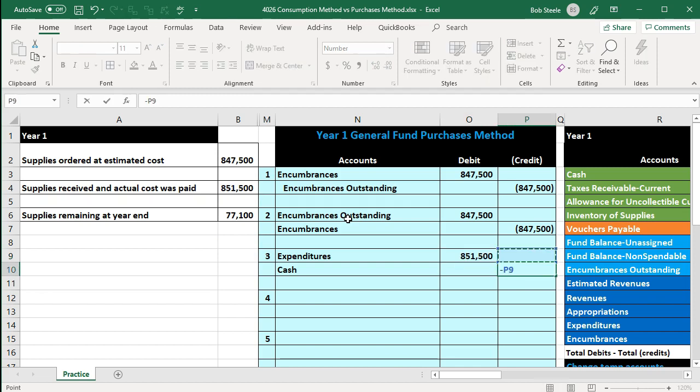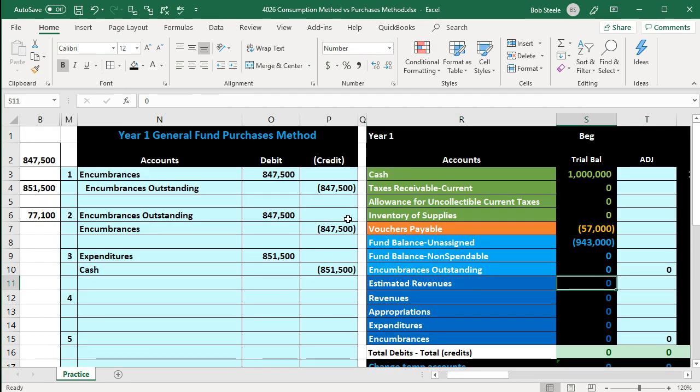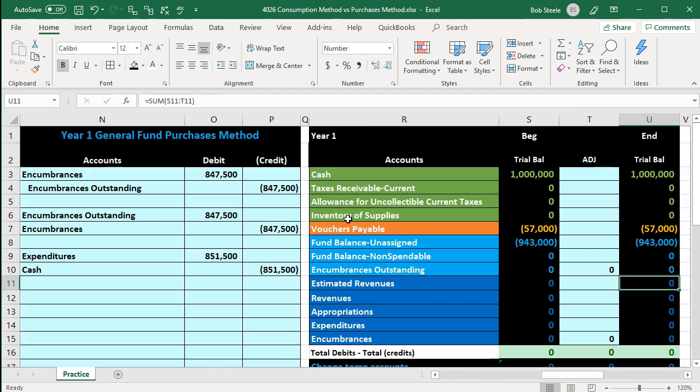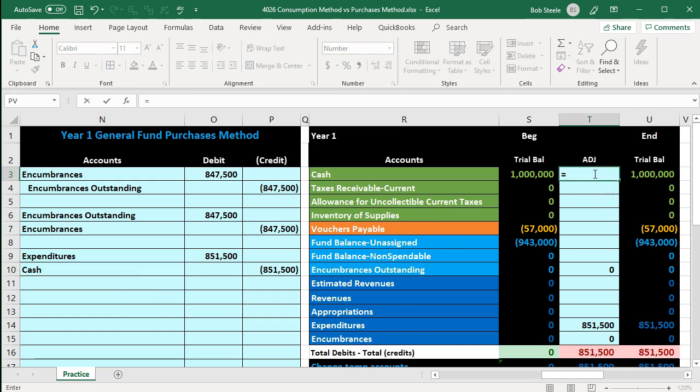So here's the difference. Last time we recorded the debit to supplies. Now it's going directly to expenditures. So we have expenditures. It's going to be down here in T14 equals the 851.5. Cash, it's going to be in T3 equals the 851.5 credit.